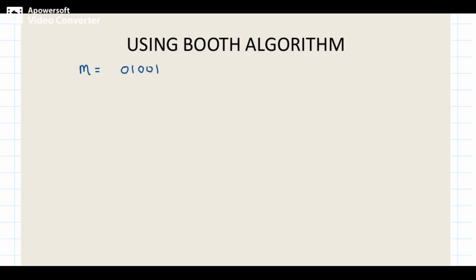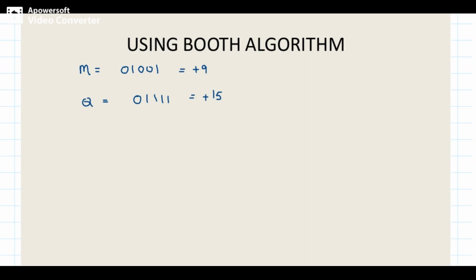So that means plus 9, and Q is equal to 0, 1, 1, 1, 1, that means plus 15. And we know that in the case of Booth algorithm, we have to check Bi and Bi plus 1.